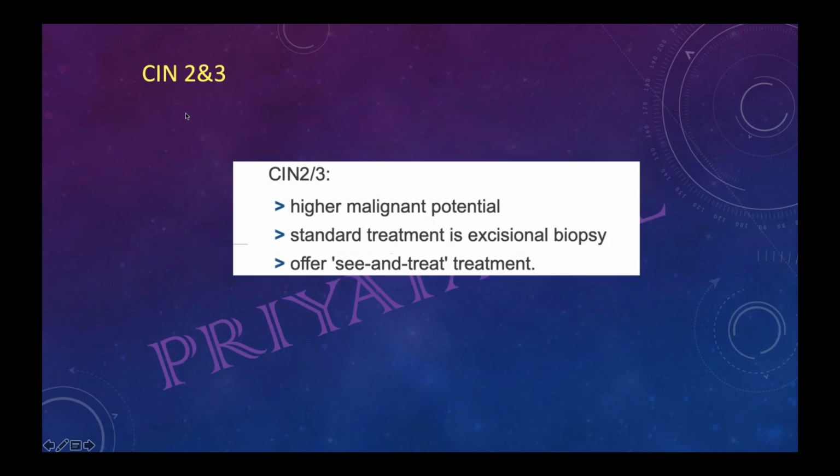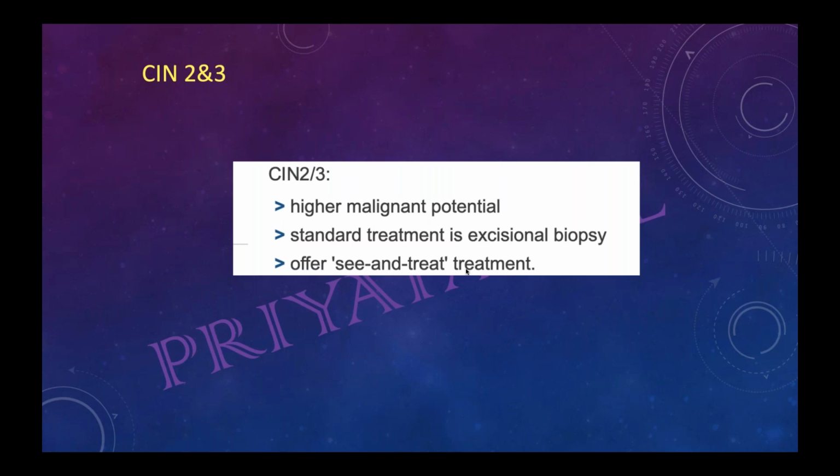Now you have to know about CIN2 and 3 as well. It has a higher malignant potential, and the standard treatment will be excisional biopsy. You have to take out the abnormal cells, and you can offer see and treat treatment. What is this?